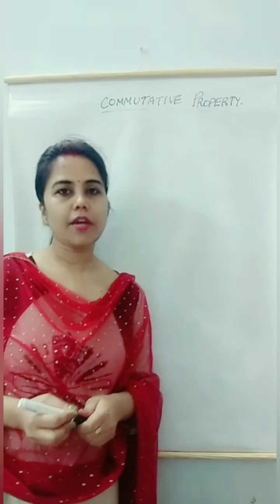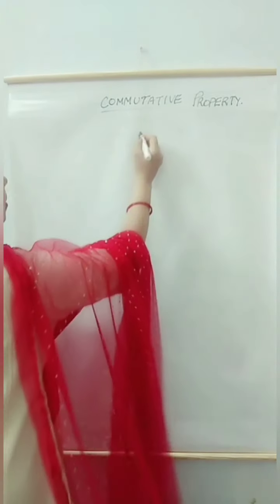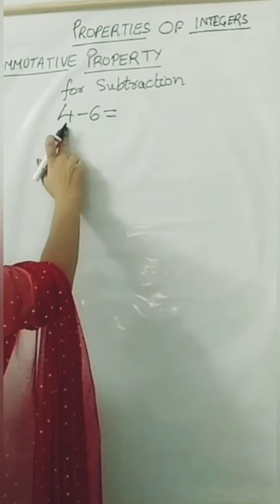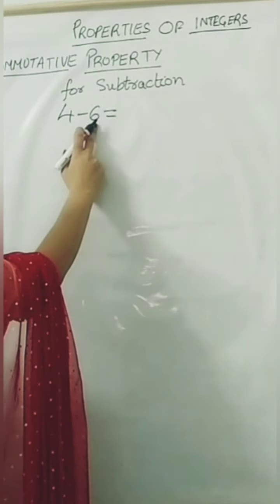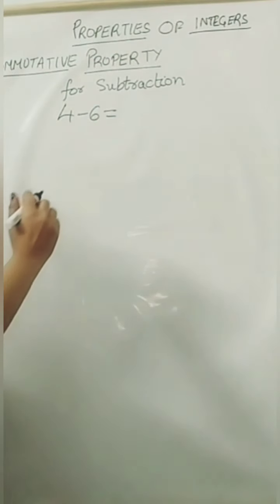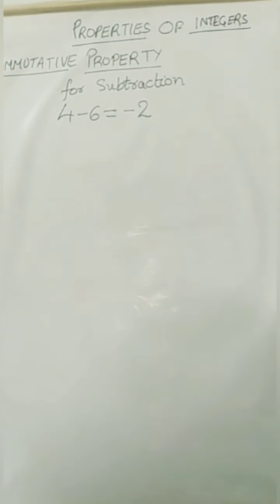Now we will check for subtraction of integers. We are going to check 4 minus 6. First integer is 4, second integer is 6. 4 minus 6 is going to give you minus 2. Here I have taken 4 first and 6 at the second place. Now I am going to change the order.